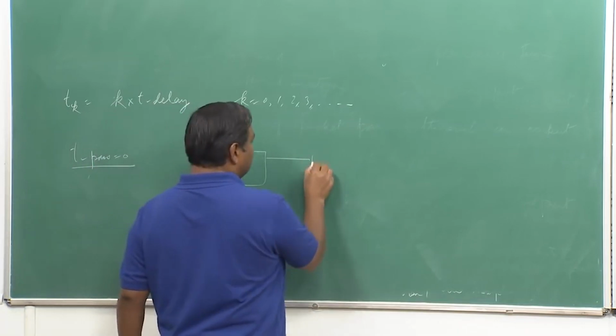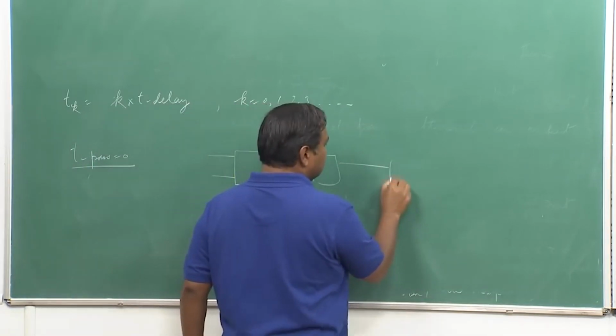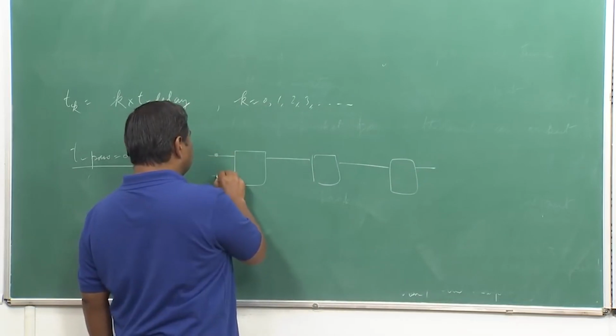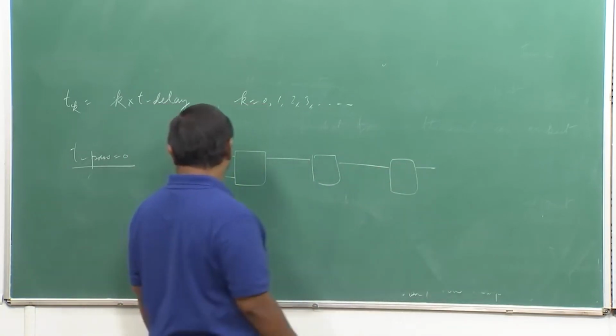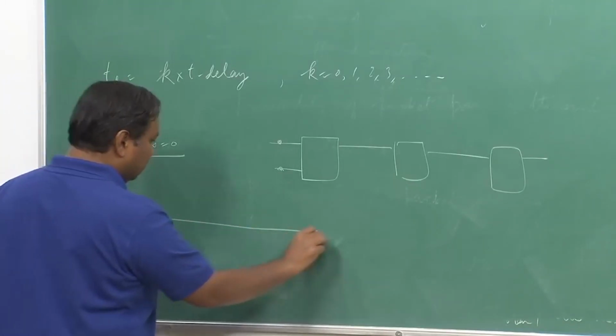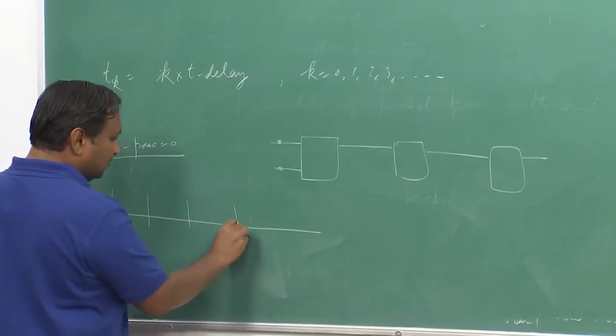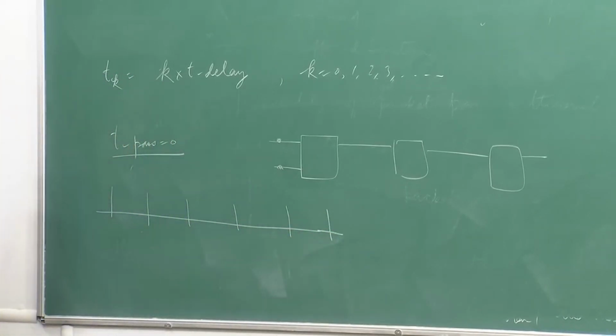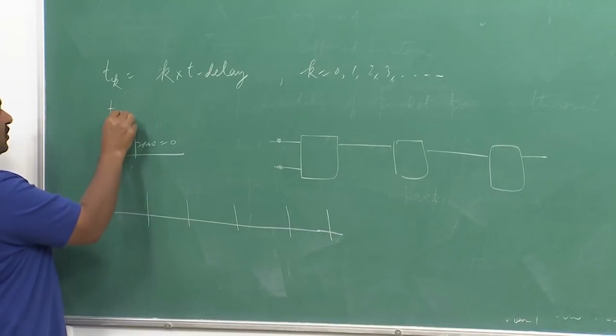Let me show you what happens. Let these two packets have to go here. This has happened at some instant in some time slots, each one of them equal to T delay. Now, T pass is 0, it actually means T select is equal to T delay.